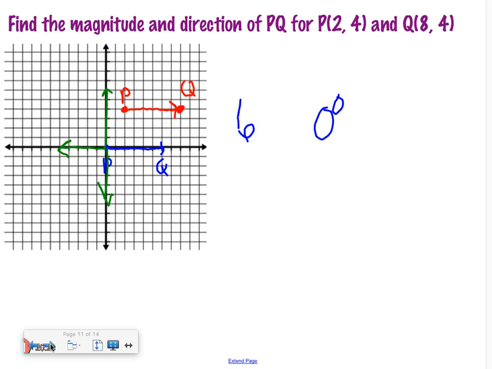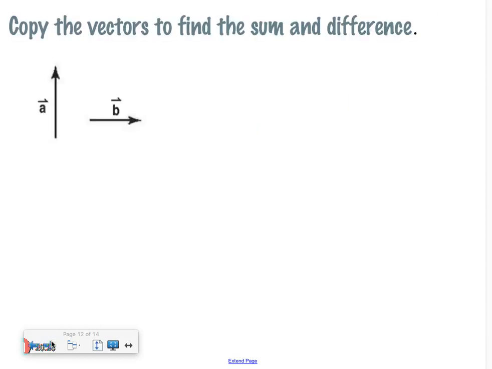Okay, we have one last kind of problem to go over. And that's when you add and subtract vectors. There's no easy way other than just try to be as accurate as you can when you sketch them. It's just a sketch, okay, guys?